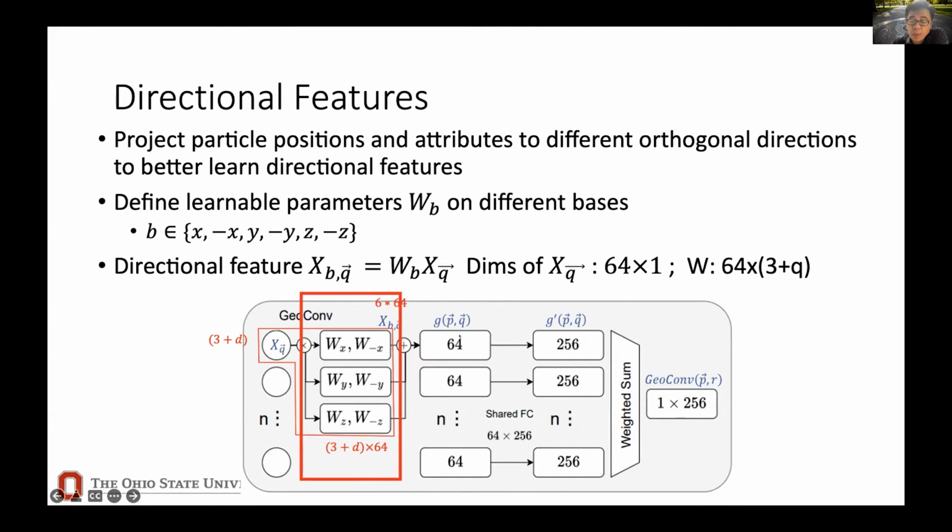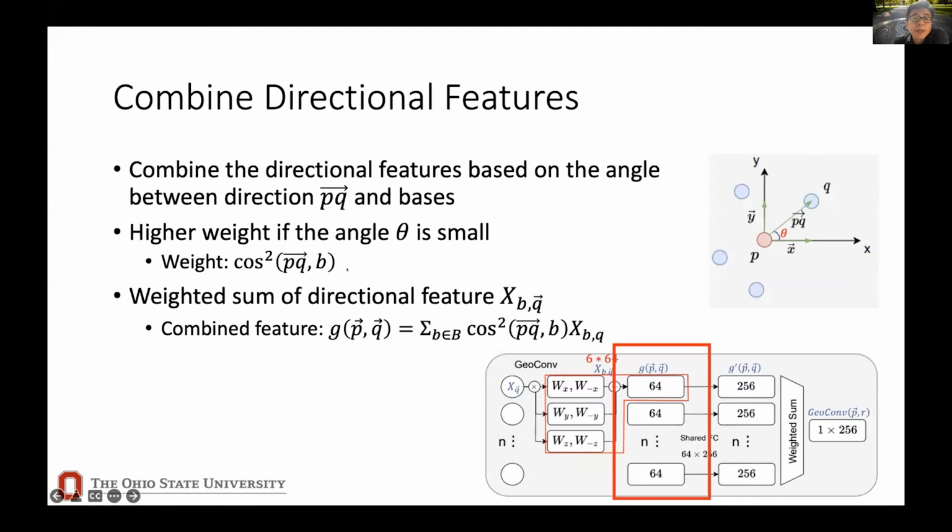So assuming there's a center particle P, I'm talking about the particle patch. Each particle Q in the patch has a vector in this diagram, P to Q. I calculate a cosine distance of PQ to each of the 6 dimensions.